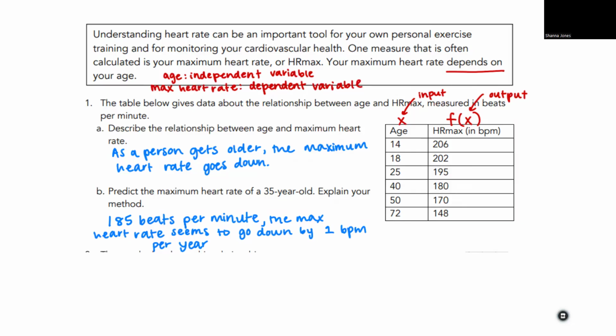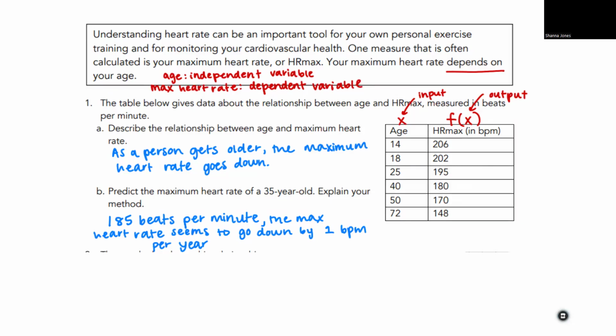The next thing is, using this, can you predict the maximum heart rate of a 35-year-old? All right. Who wants to explain their method? What did y'all do? Okay, I like it. Any other ways of doing it? Did anyone resort to a regression?